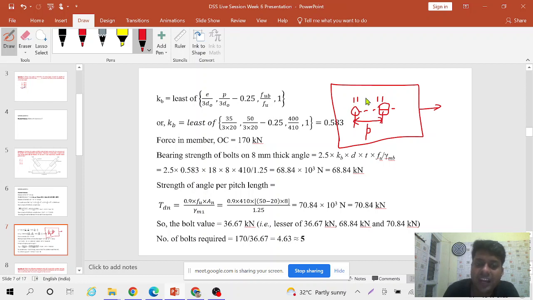That is why the IS code provides minimum edge distance and end distance. So we are preventing failure from that part. Okay, sir. So that's why we calculate the strength along the direction of the length.